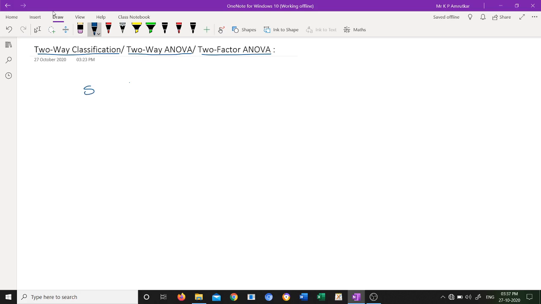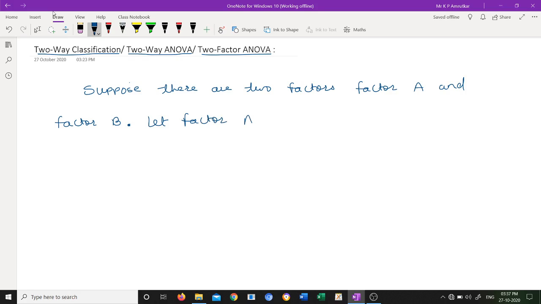Suppose there are two factors, factor A and factor B. Let factor A be classified into A levels and factor B be classified into B levels.